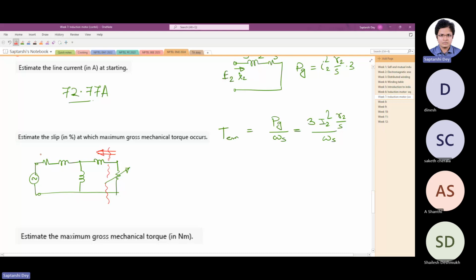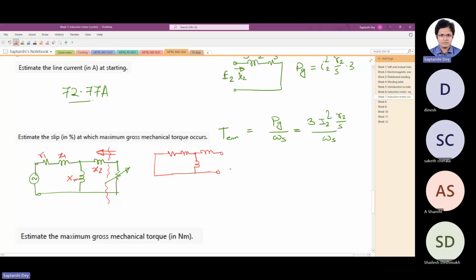Now if you call this R1, X1, XM, and X2, then Thevenizing means what? Thevenizing means you have to short circuit the voltage source and then find out the equivalent impedance. So it looks like this.